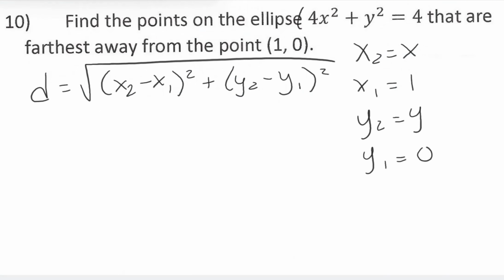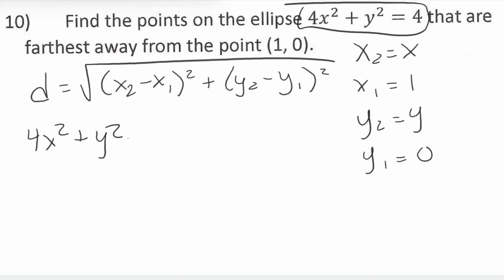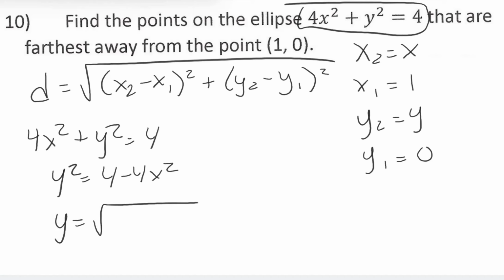So I have to solve this for y so I can have everything in terms of x. So I got 4x squared plus y squared equals 4, so y squared equals 4 minus 4x squared. So y equals plus or minus the square root of 4 minus 4x squared, which isn't going to matter in a second.